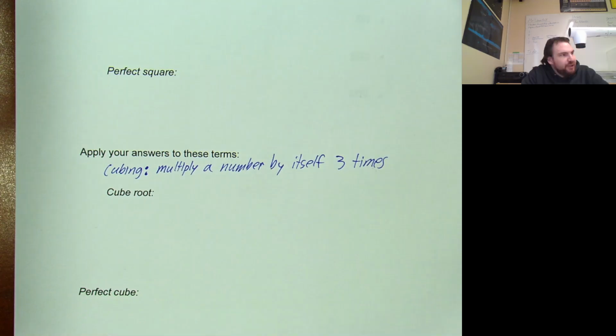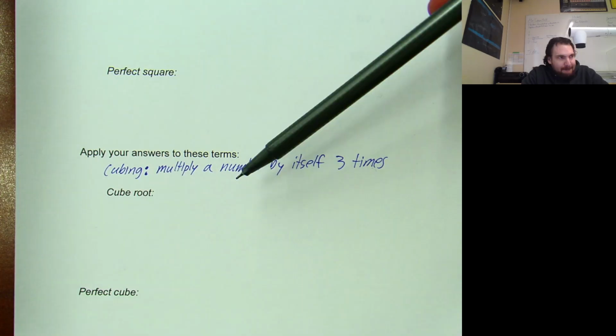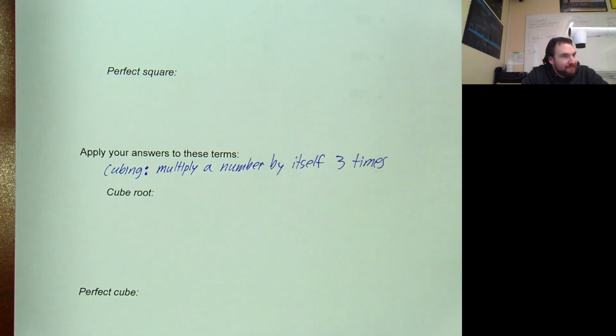So what do you think cube rooting is? Have we cube rooted before? No. Okay. If cubing is multiplying a number by itself 3 times, what's cube rooting? It's not dividing.